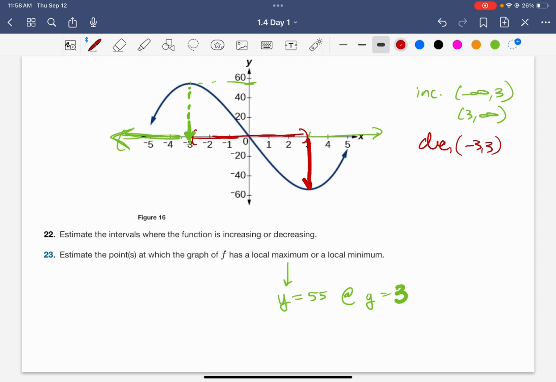And for a minimum, it looks pretty symmetric, so I'm going to say y is equal to negative 55 at x is equal to negative 3.